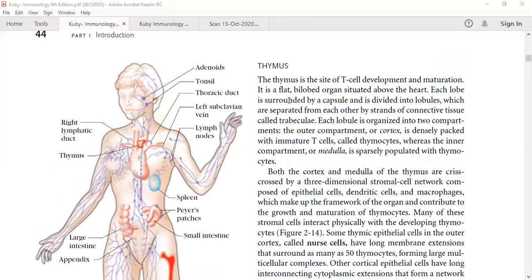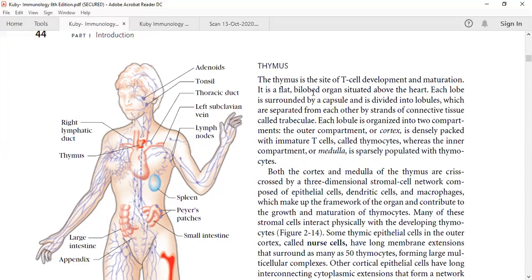So thymus is the site of T cell development and maturation. I hope I have told you several times that it is the site for development of T cells and maturation, therefore these are called T cells because they are maturing in thymus.